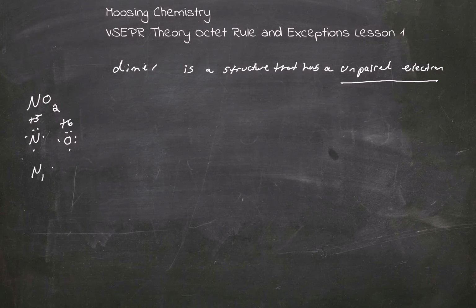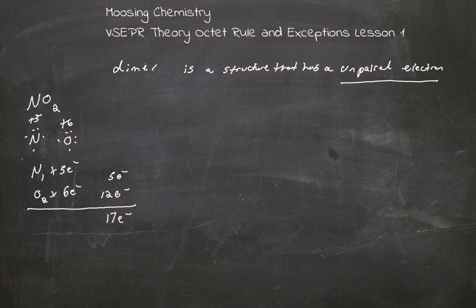So nitrogen is 1 times 5 electrons, and oxygen is 2 times 6 electrons. So this gives me 12 electrons and 5 electrons, which gives me 17 electrons. Notice that there's no charge here. There's no negative. There's no positive. Doesn't exist. All right.